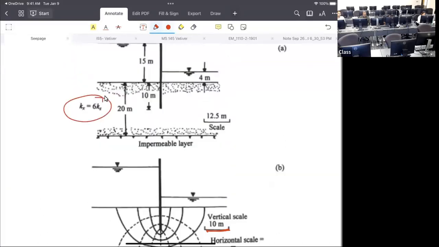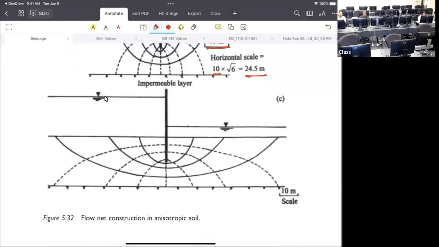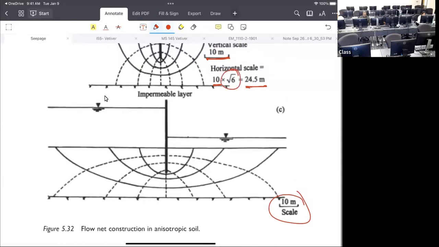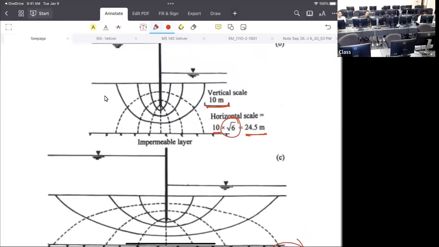You can do it in two ways. One is this way, and the other one is the same scale: you can stretch it, and every point that you drop, you multiply by this factor. Changing the scale is easier, no doubt about that. But if you're changing the scale, then something else has to be adjusted.